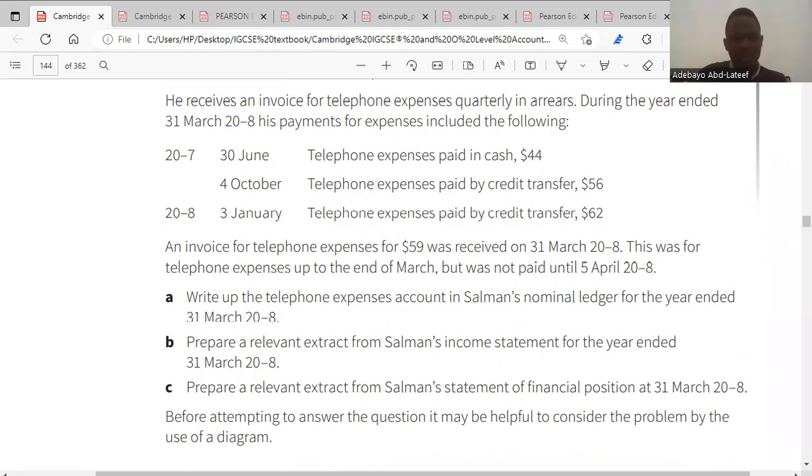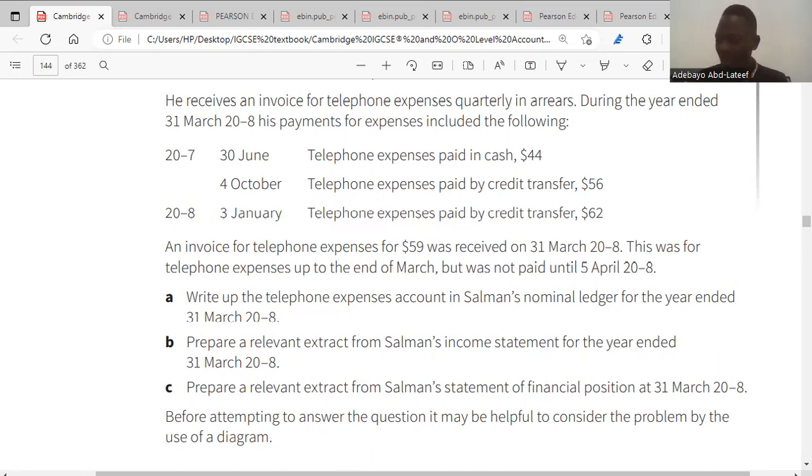Then we have an invoice of $59, which means that amount has to be paid. So Salma has a creditor already, $59. So what do we do with this? We add 44 plus 56 plus 62 with the $59. That makes up our income statement amount for the year, which is $221.